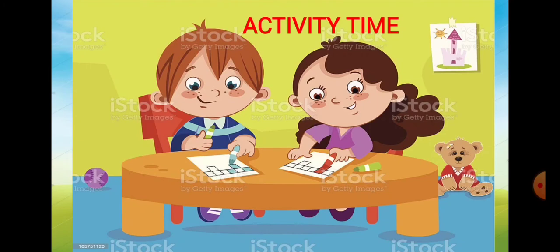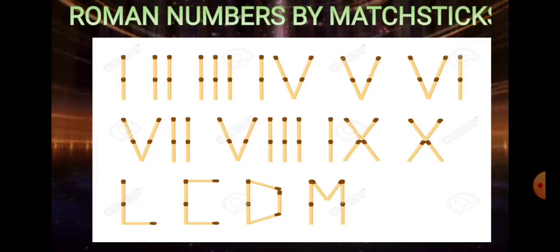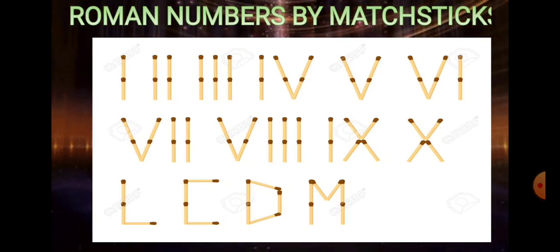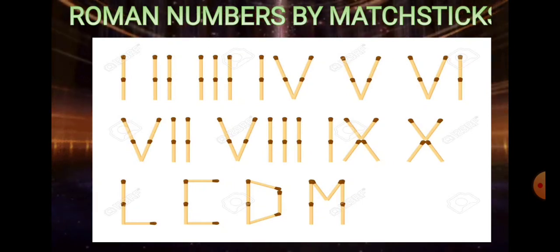It's activity time, kids. Let's do some activity now. Please take out the matchsticks and let us make the different symbols of Roman numerals. Do it like this and please show it.